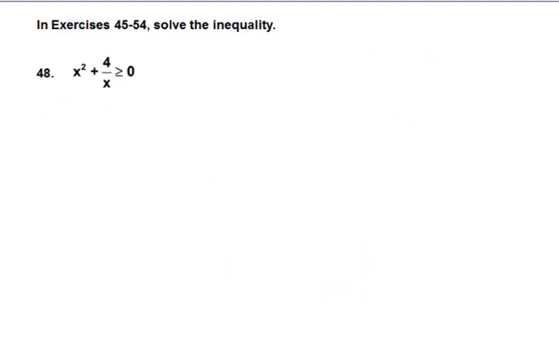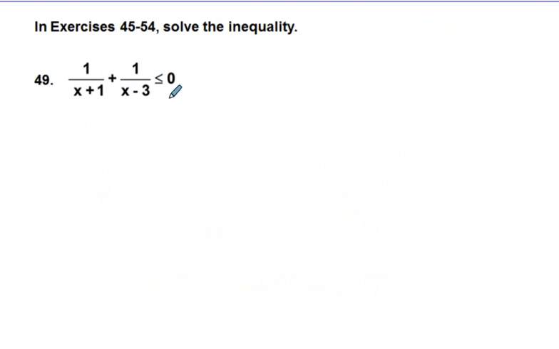Next on our problem 49, again we have two separate fractions, and for these we'd like to get a single common denominator, and to get a common denominator we can multiply these two together, so we can have quantity x plus 1 times quantity x minus 3 be our denominator. So now rewriting the original fraction, we have first 1 over x plus 1, and what do we have to multiply this by to get our common denominator?